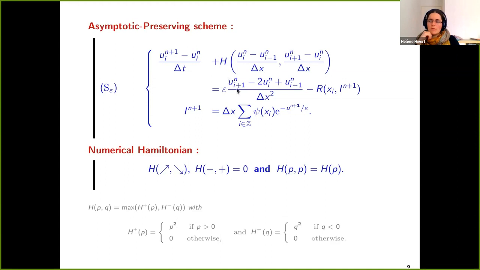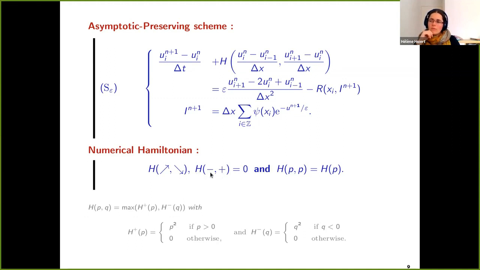Because when epsilon is equal to 0, we will recover this Hamiltonian. And for Hamilton-Jacobi equations, we usually ask the Hamiltonian to enjoy monotonicity properties, meaning that it is non-decreasing in its first variable and non-increasing in its second variable.